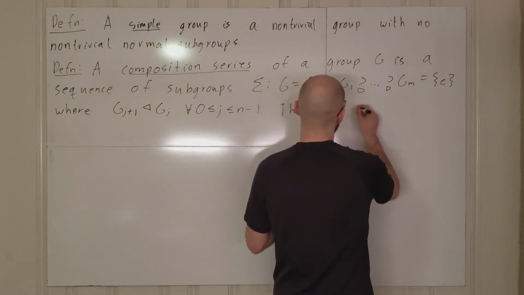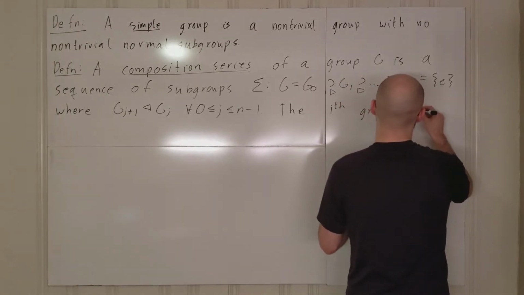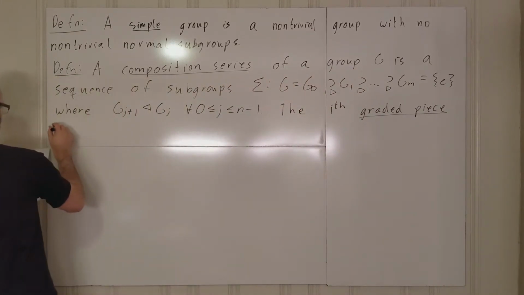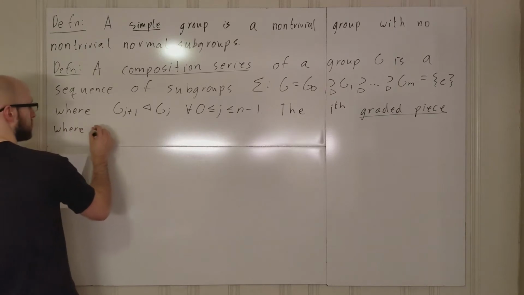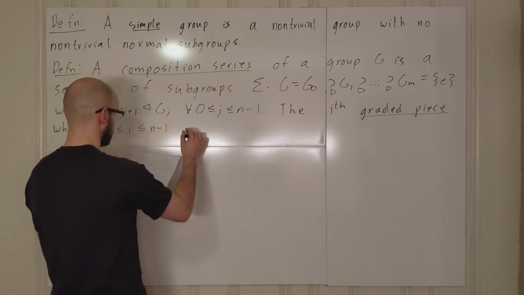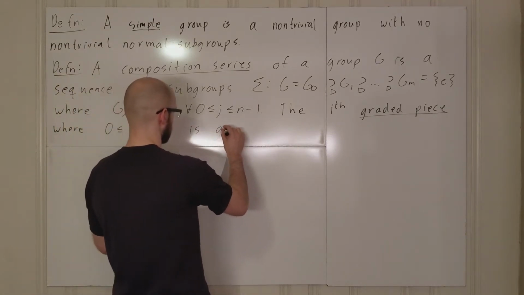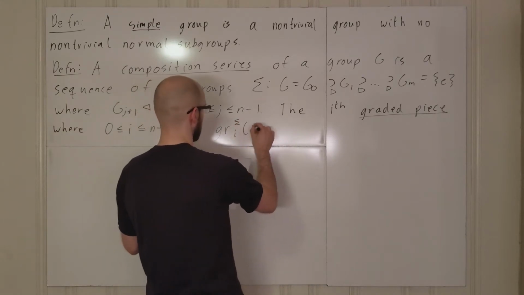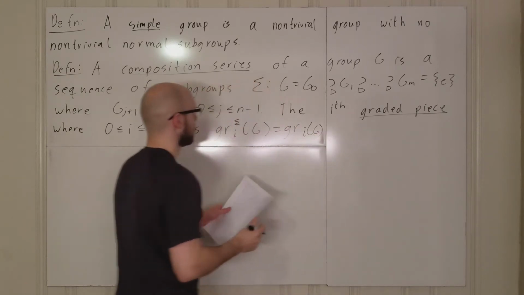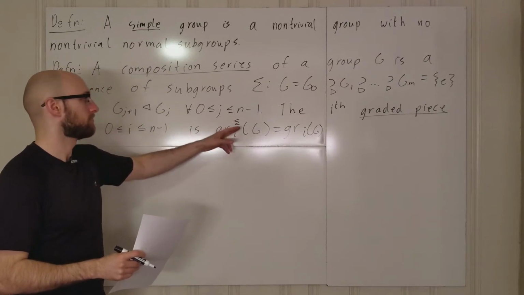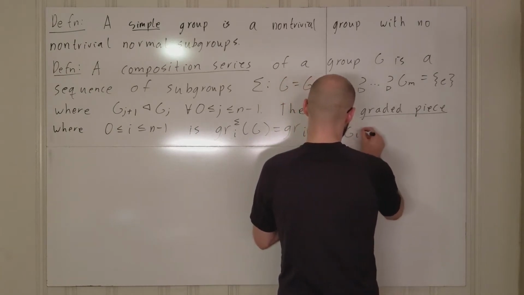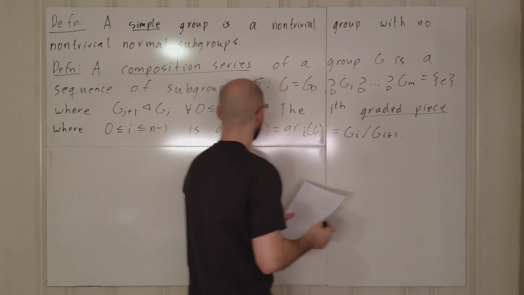The ith graded piece, and graded piece is the definition here, where i is between 0 and m minus 1, is written gr_i with sigma on top, of G. And sometimes if the composition series is understood, then we'll just call it gr_i of G. And this is equal to G_i mod G_{i+1}.